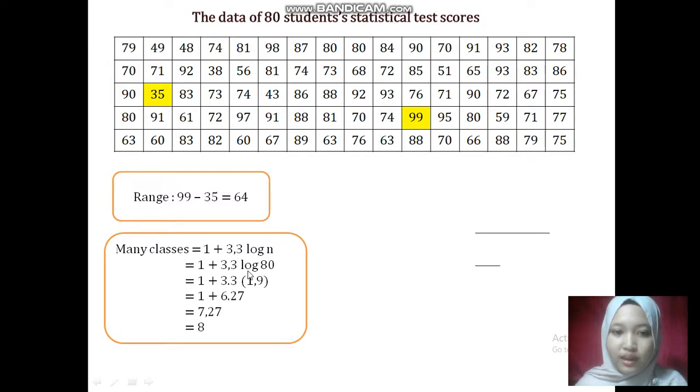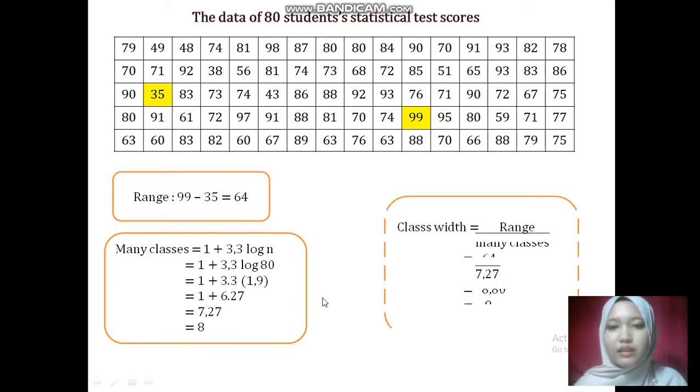So log 80 is 1.9. After we total all of this, we find 7.27. After that, we need to round up this 7.27 to the nearest whole number, so it becomes 8.